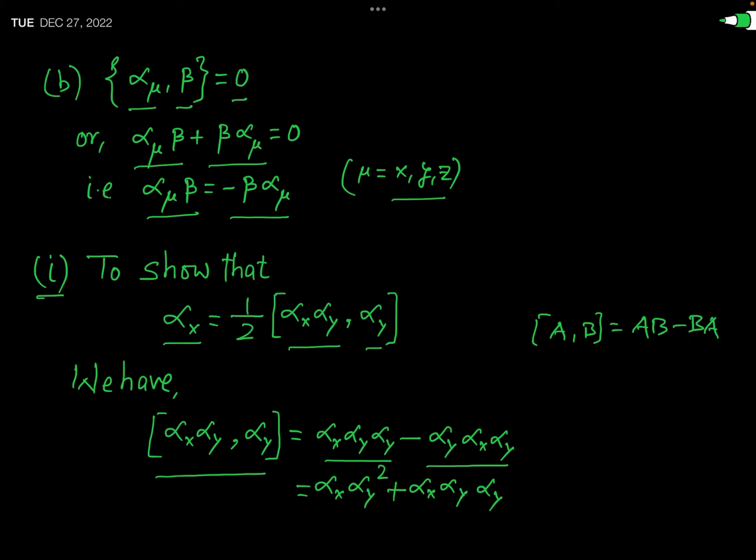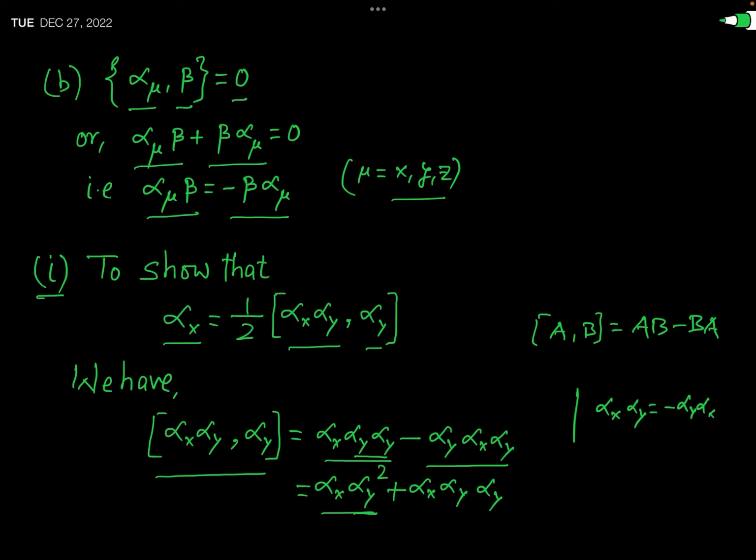Following this definition, you can write the commutator like this. In the first term there is alpha y alpha y, so that will be alpha x alpha y square. Remember, these are matrices or operators, so you cannot change the order. Order should be maintained. Now you know that alpha x alpha y is equal to minus alpha y alpha x.